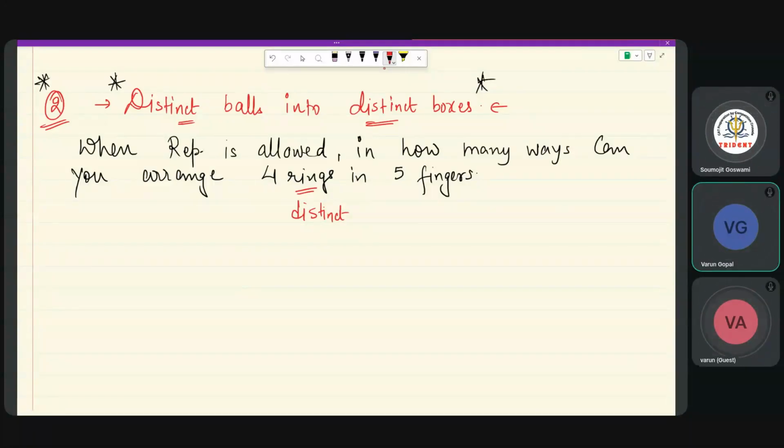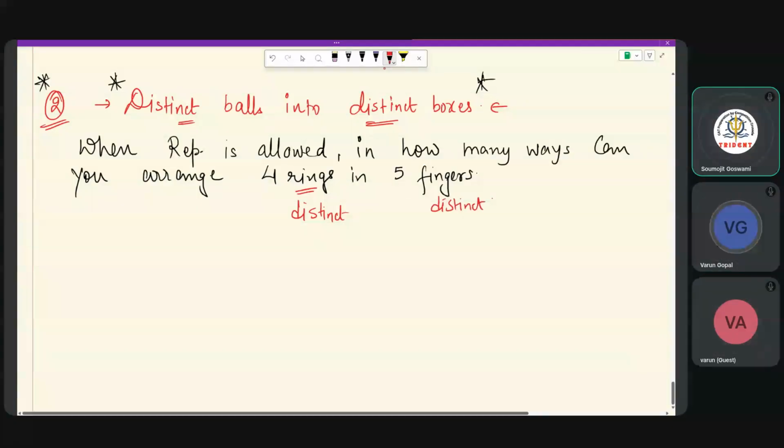Four rings are all distinct. Obviously, the 5 fingers are distinct. So right now, the question is very easy. But had the rings been identical, then it would have been a problem. We will discuss that in the next classes. But right now, it is relatively easy. Distinct fingers, distinct rings.